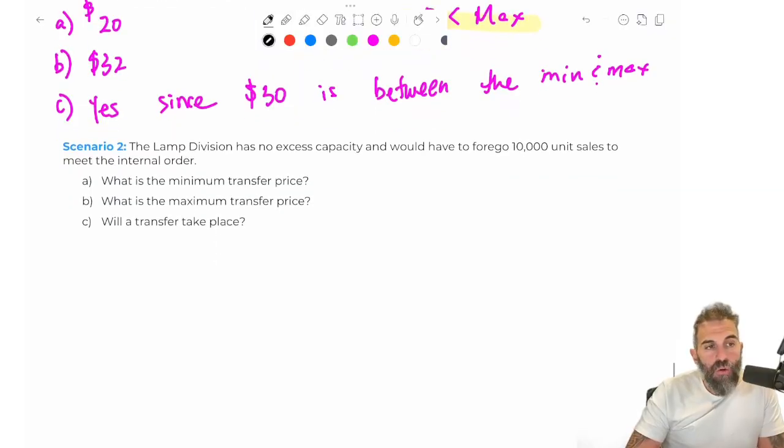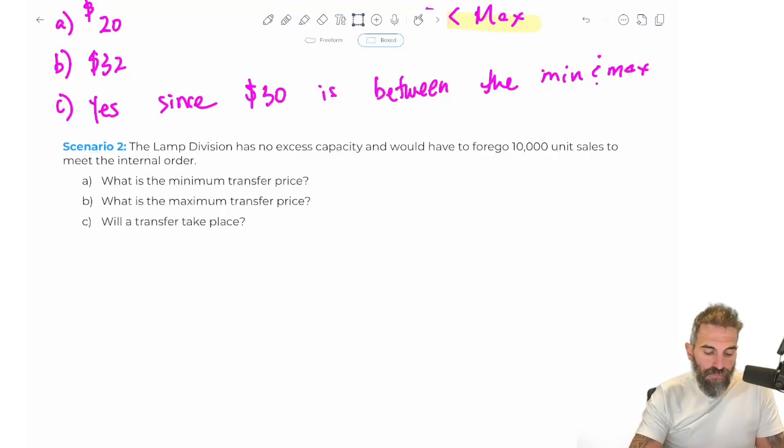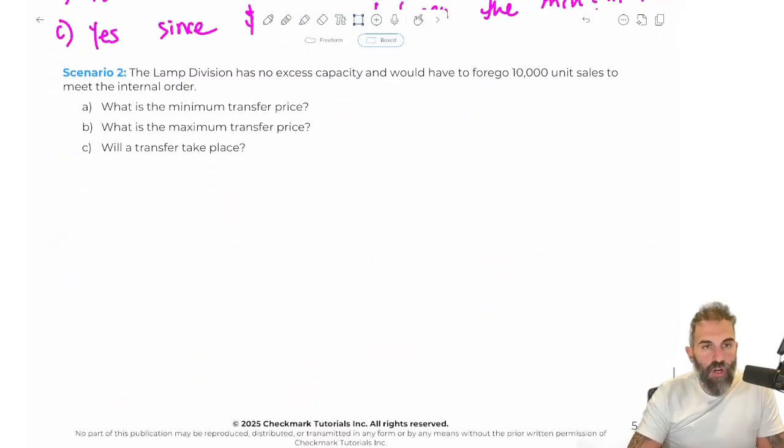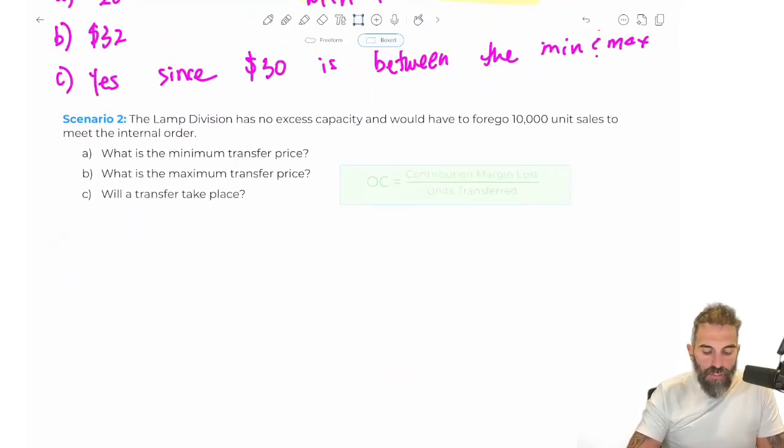Now, second scenario, we have no excess capacity at all, and we would have to forego 10,000 unit sales. This is very, very similar to when we did special orders. Here, you're going to have an opportunity cost. So we're going to start by calculating the opportunity cost. Just grab my formula. The opportunity cost in this chapter is the total contribution margin that you lose divided by the number of units you're going to transfer.